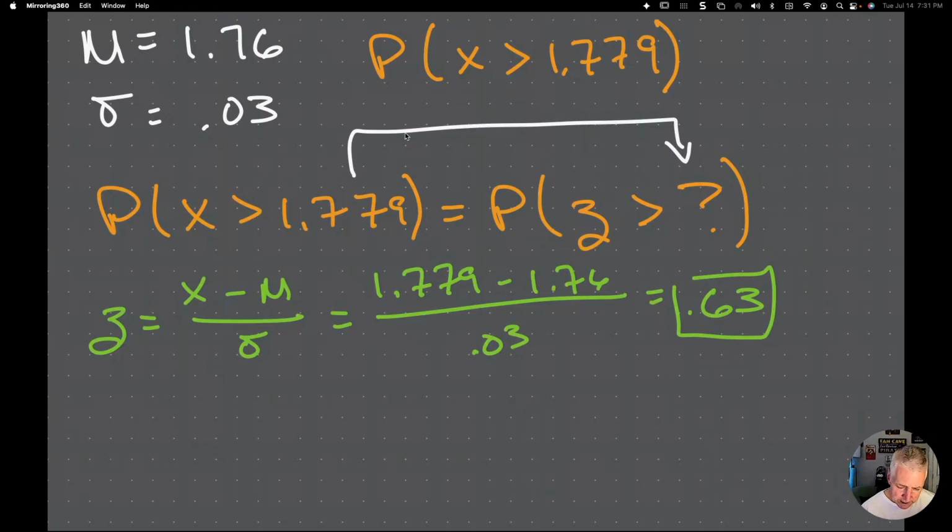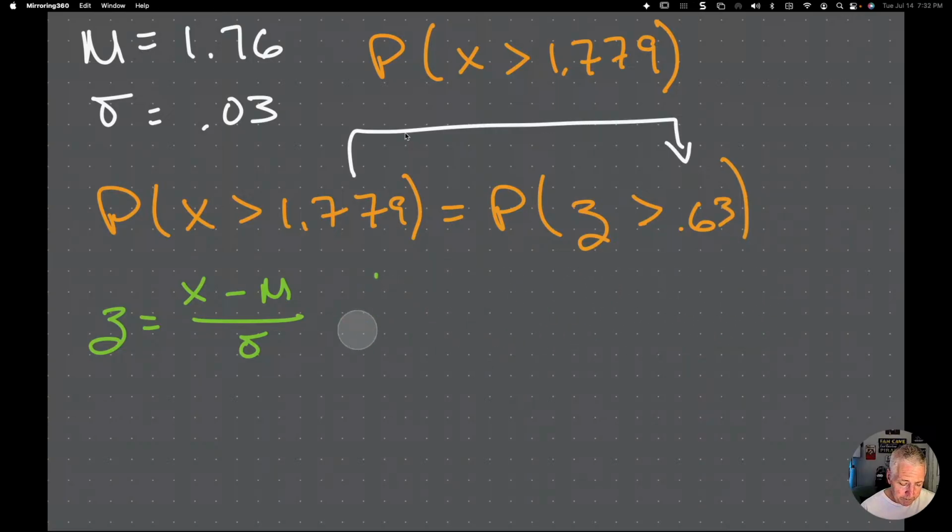So in the context of this expression that we wrote over here, instead of a question mark representing 1.779 as a z-score, we're going to put the actual z-score. It'll be 0.63. Now we're somewhere where we need to be. Now we can find this area under the curve that represents the probability.